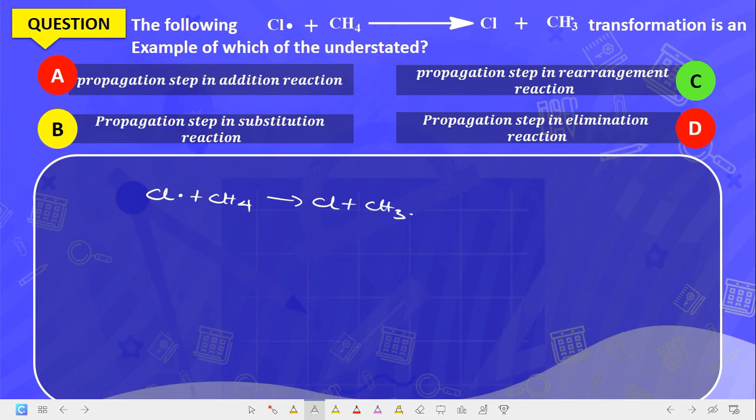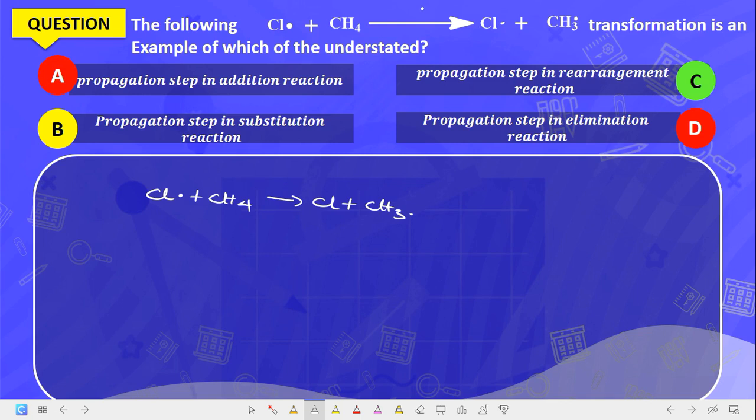Of course, you know there's supposed to be a methyl radical here. Then you have HCl. Okay, when this adds to this to form HCl and this, that is the transformation that was given to you.